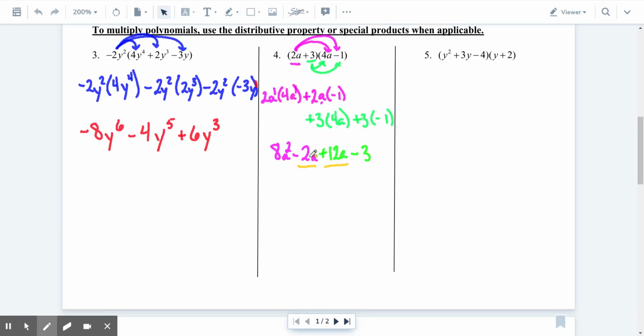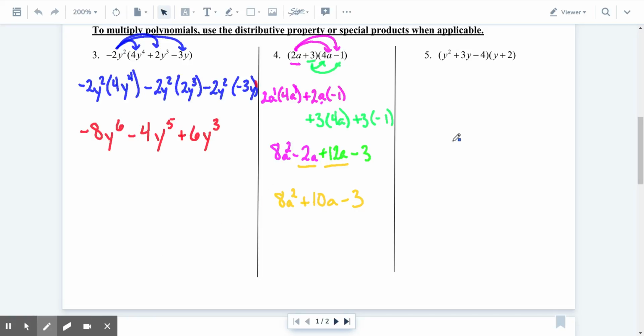So to simplify this, we need to combine those terms. We'll still have 8a squared in the beginning. Negative 2a plus 12a is plus 10a. And then we have a minus 3 at the end. Okay. And that is totally simplified. There are no like terms left. This is what we get when we multiply those two binomials together.